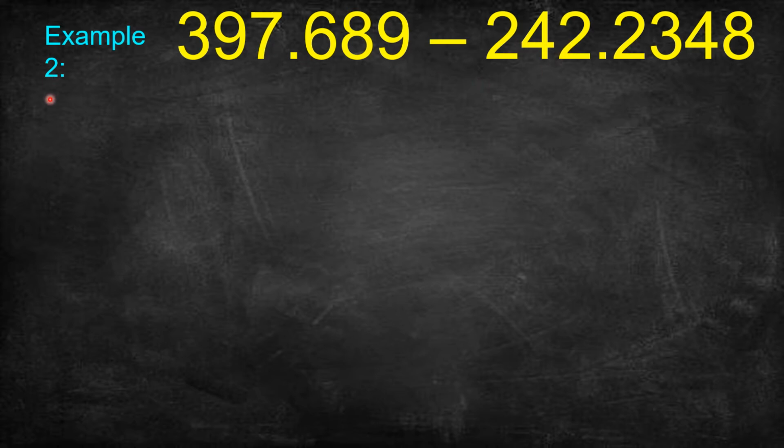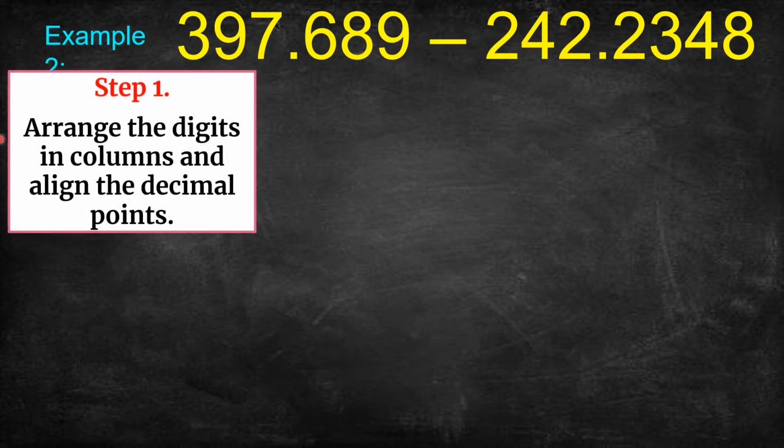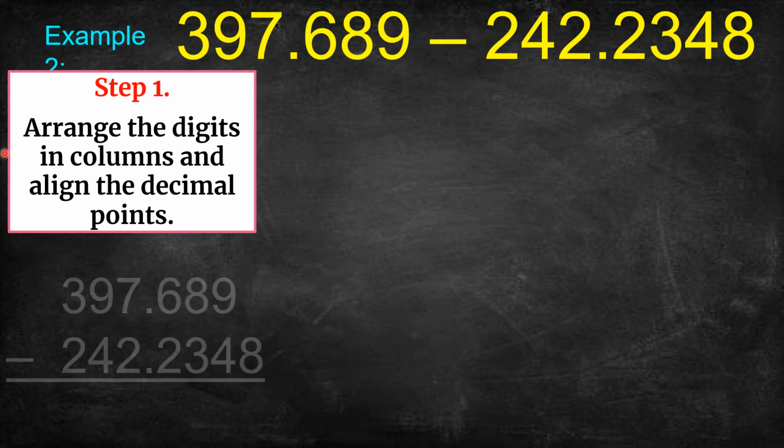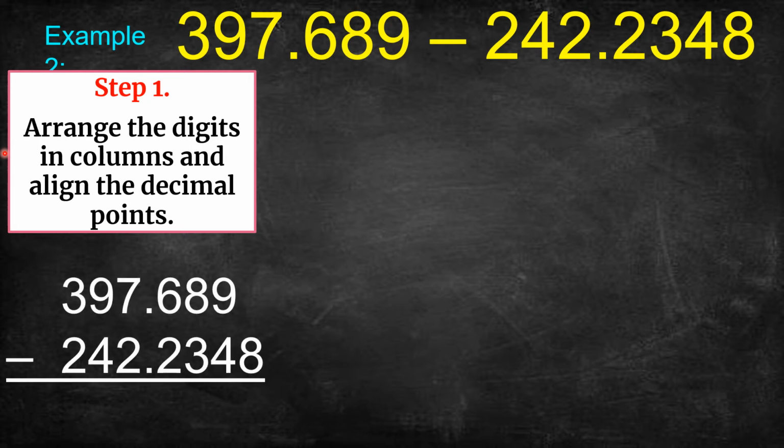So, again, let's proceed with step number 1. Arrange the digits in columns. Or, susulat natin sila vertically na pantay-pantay ang kanilang place value. So, kapag sinulat ninyo siya, ganito yung magiging itsura. Sabi ko nga kanina, yung unang given, meron lamang 3 digits.